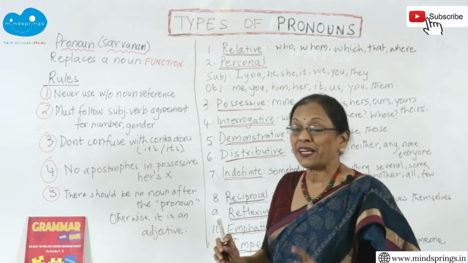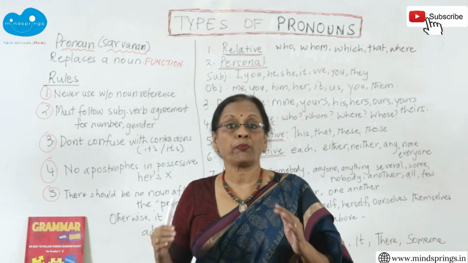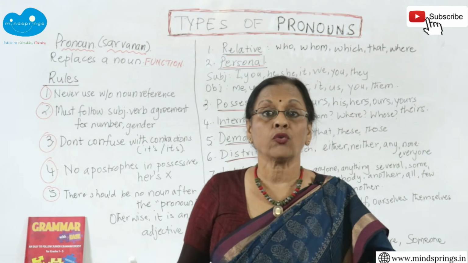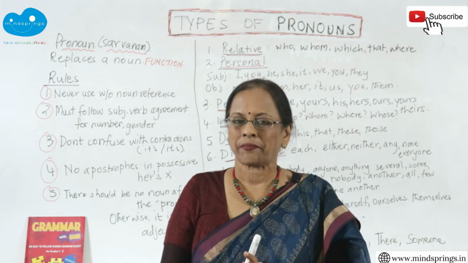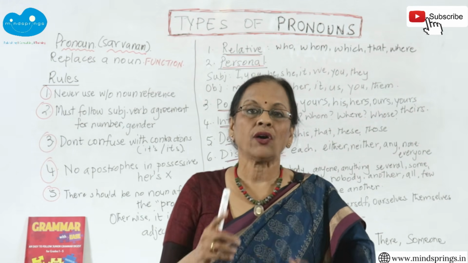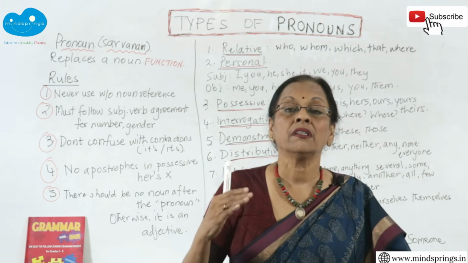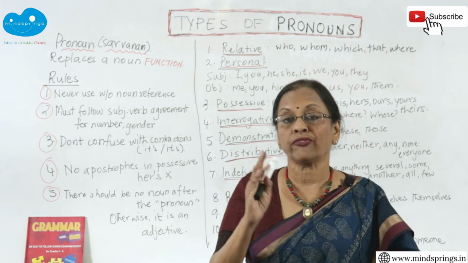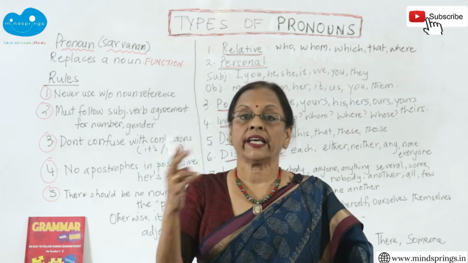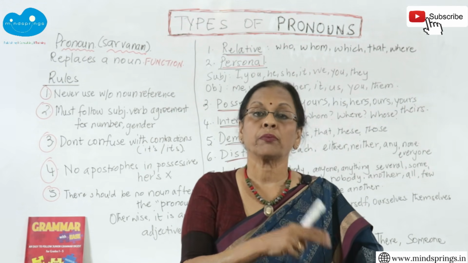Second is, it must follow, because it's a pronoun, it stands in place of the noun. It will start doing all the things that the noun does. So what does a noun do? The noun has a subject-verb agreement, isn't it? If you have more than one, then the verb will become plural.